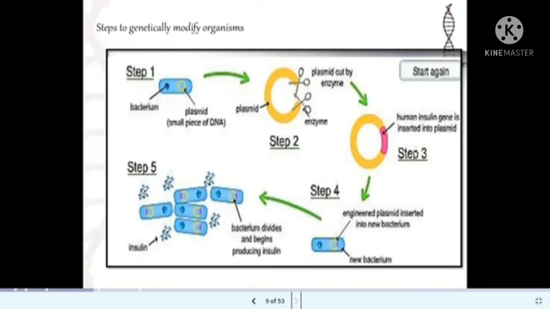So now you get a recombinant DNA. Now this recombinant DNA multiplies, so gene cloning takes place, and later it is multiplied and introduced into the host. This is an example of human insulin production. Clear?